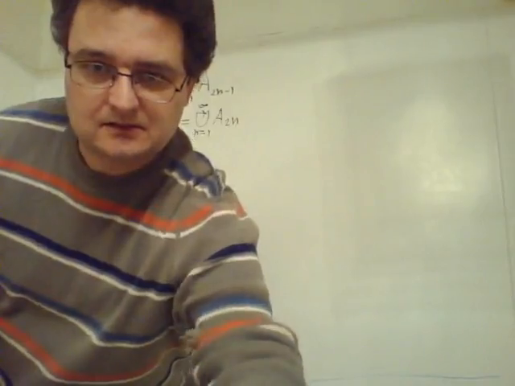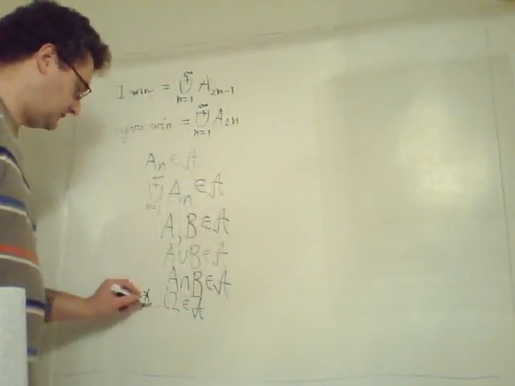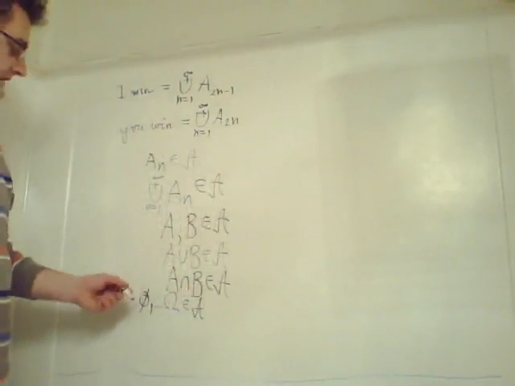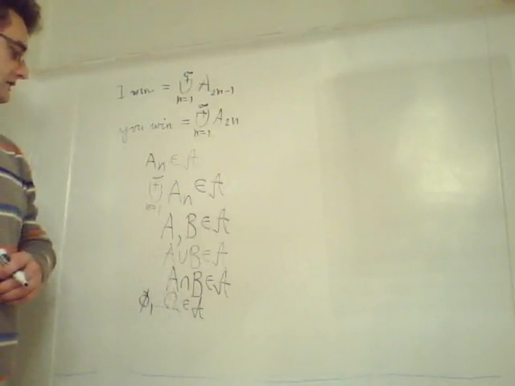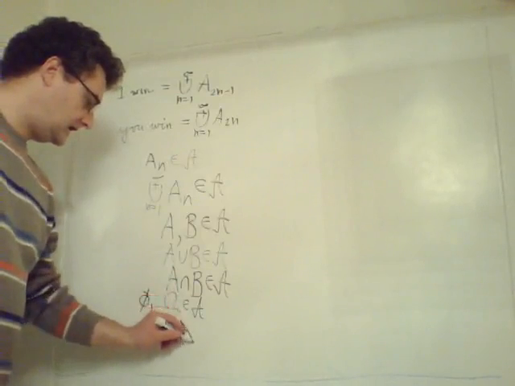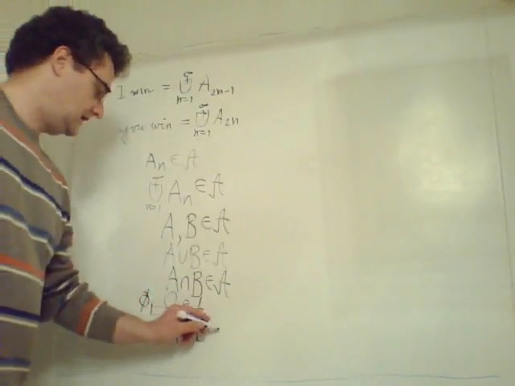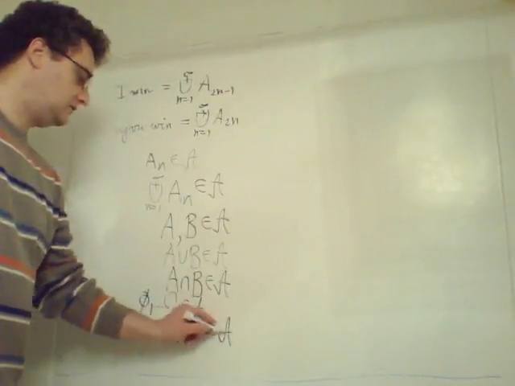Next, we would also like the empty set to have probability 0, so in particular the empty set should be in the domain. And also A without B, if A and B are in A. We would also like to be able to compute that probability.